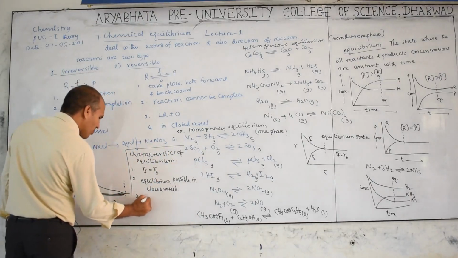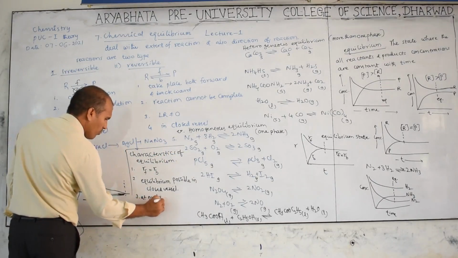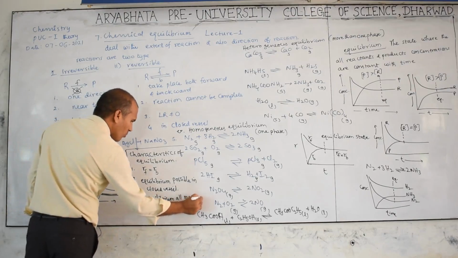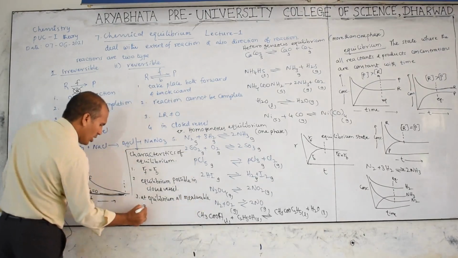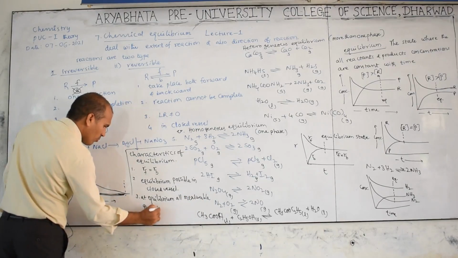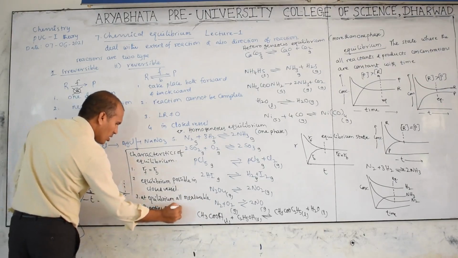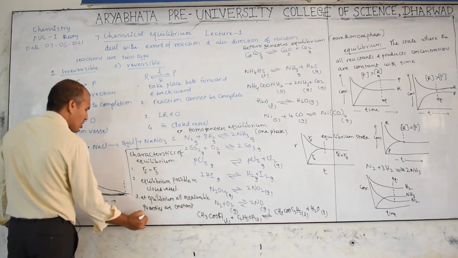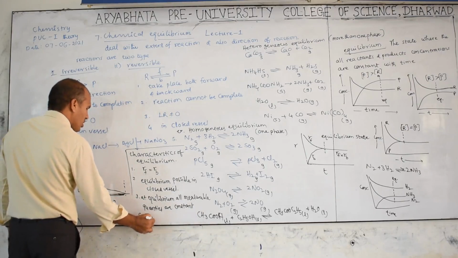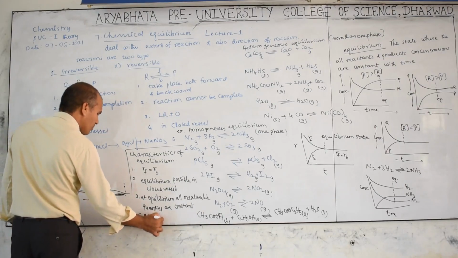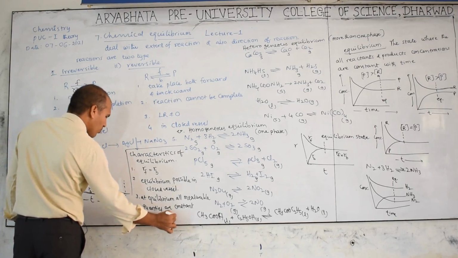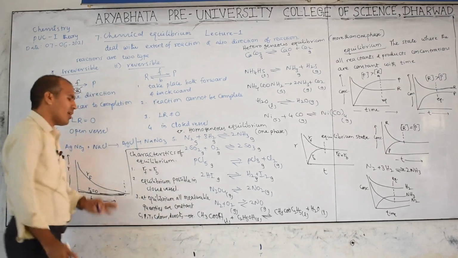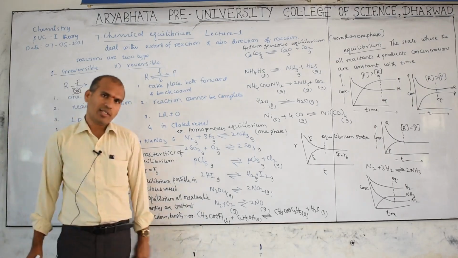At equilibrium, all measurable quantities are constant. What are the measurable quantities? Concentration, pressure, temperature, color, density, like this, many examples, etc. They are constant, do not change with time.